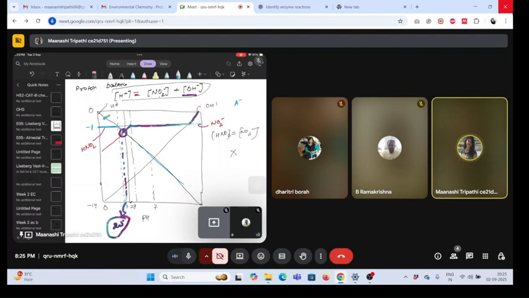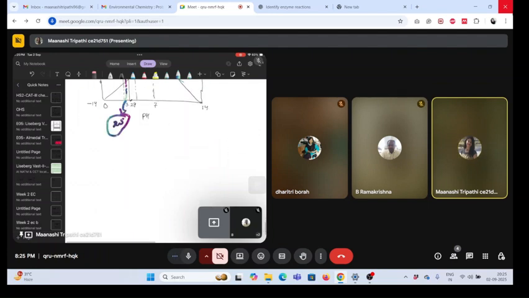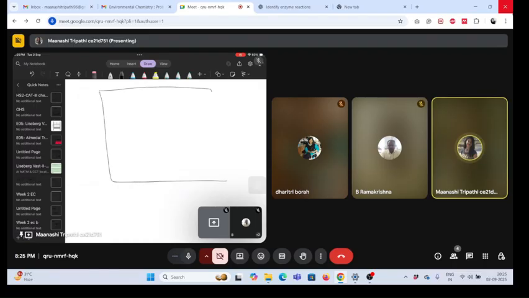If we draw it in a proper graph, I will revise it again. We have to make a nice square. We have to make our H plus, OH minus. This is H plus, this is OH minus. Then we have our HA and we have A negative. So in this case, what do we have?